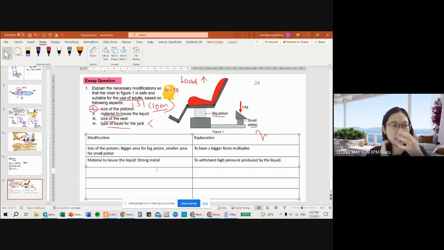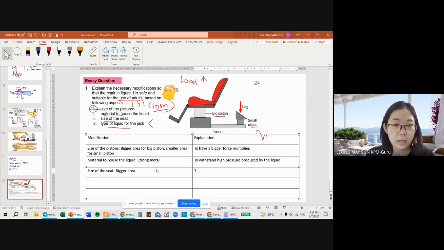Next is actually the size of the seat. We need to accommodate a bigger size, bigger load. So the size of the seat needs to be a bigger area. For the reason, we cannot say that it's going to be used for adults, so how am I going to rephrase this? To allow use of adults.